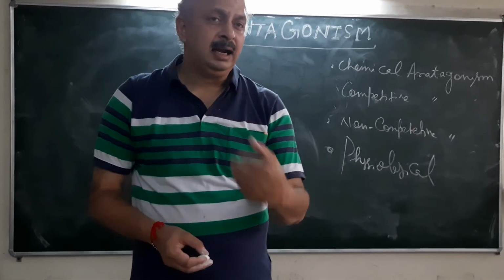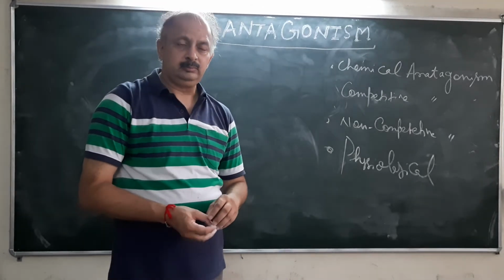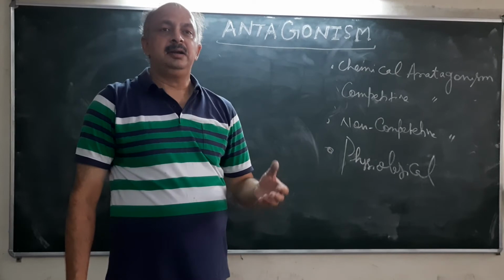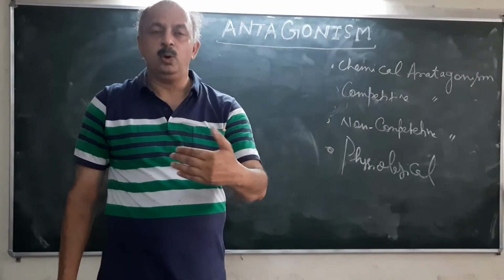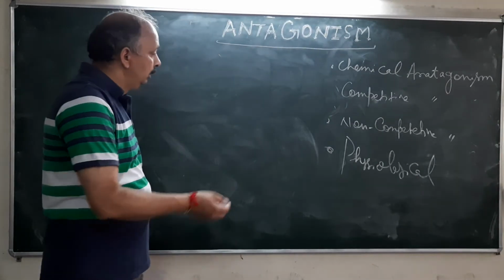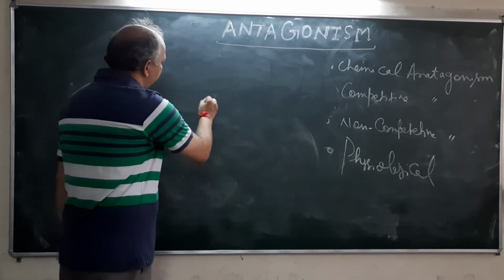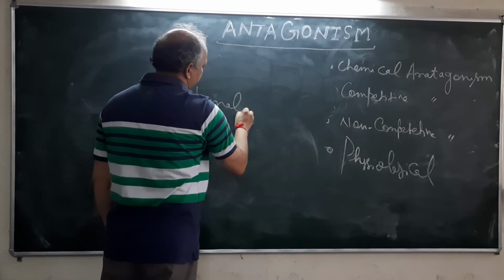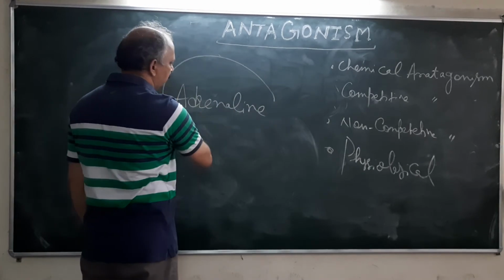During anaphylactic shock, the drug which is given has to act on different types of receptors. In physiological antagonism, the drug given is adrenaline. This is the example for physiological antagonism.